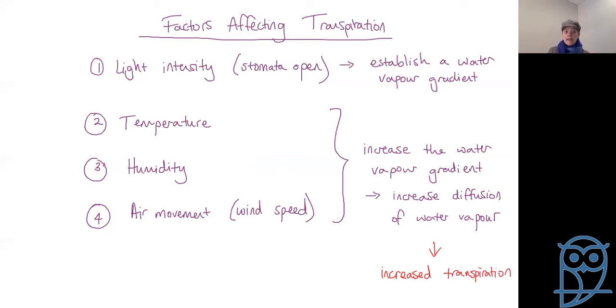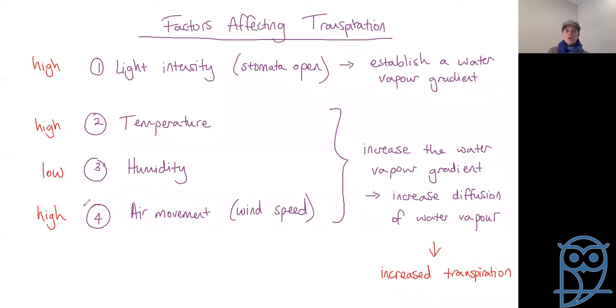So high light intensity, high temperatures, low humidity. Okay, it's a little bit back to front because we want dry air on the outside. So that would be low humidity. And we would want high wind speed. These 4 factors are going to increase transpiration.